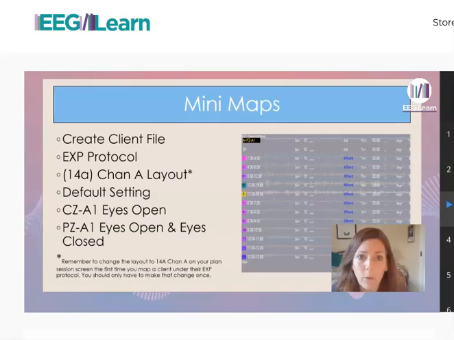Now I know not everybody attending this class may be using Eager software. This slide pertains to Eager software. I'm not going to spend a lot of time talking about it because not everybody may be using this system. But for those of you who are, I just want to give you a few reminders.